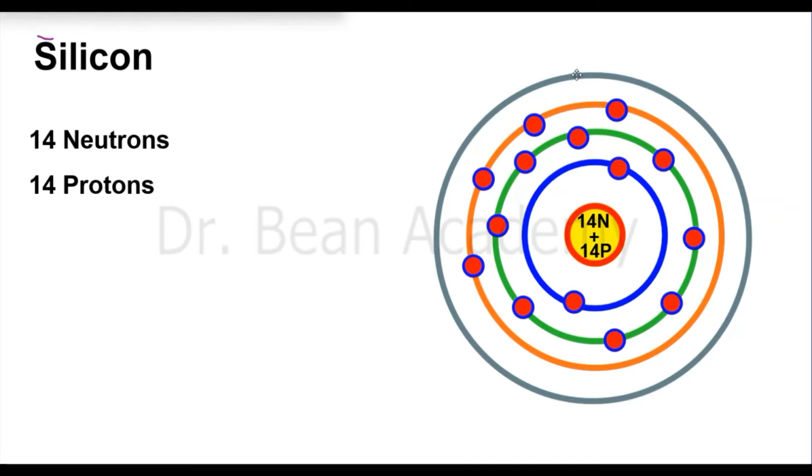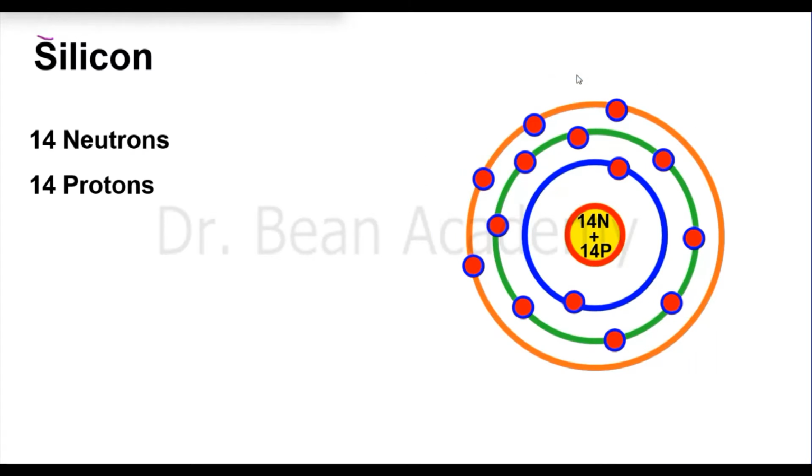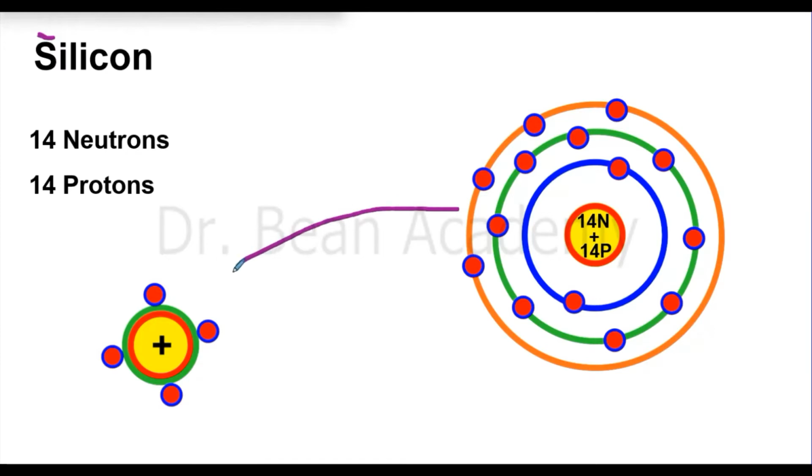And of course, there should not be another orbit, because that orbit is required for higher atomic number elements. So this is the atom of silicon. And don't forget that in the forthcoming discussion, when I refer to a silicon atom, I will represent this complete picture of a silicon atom like this.